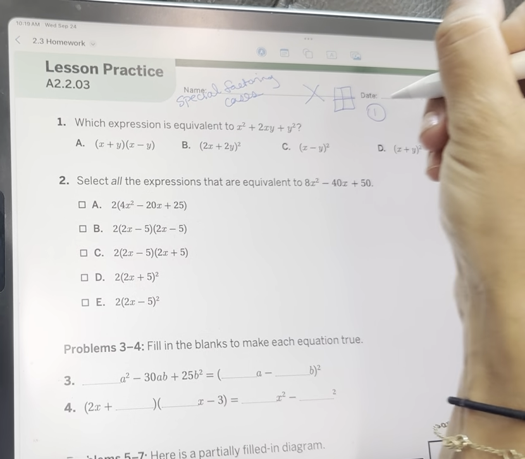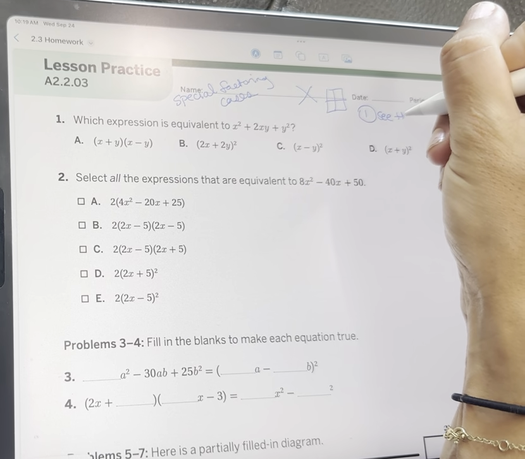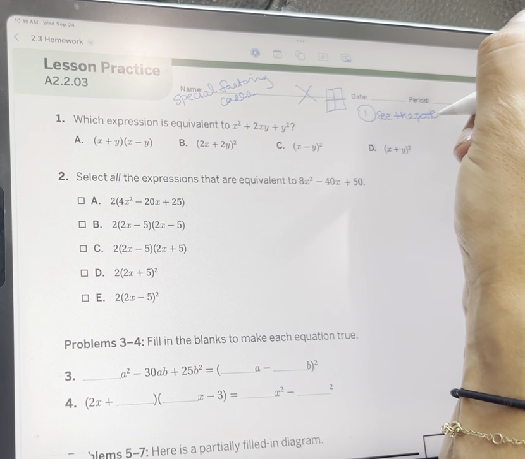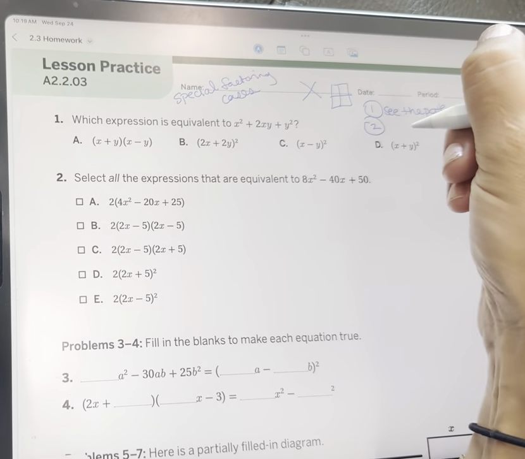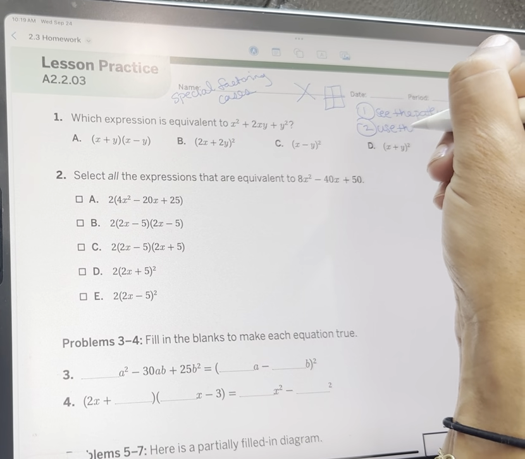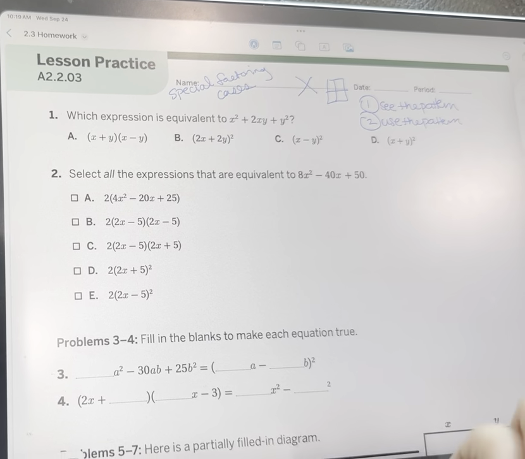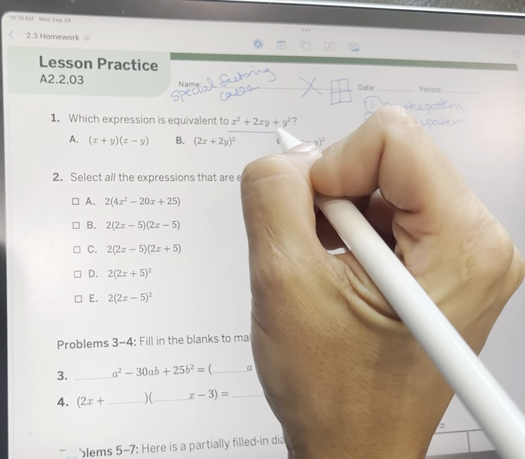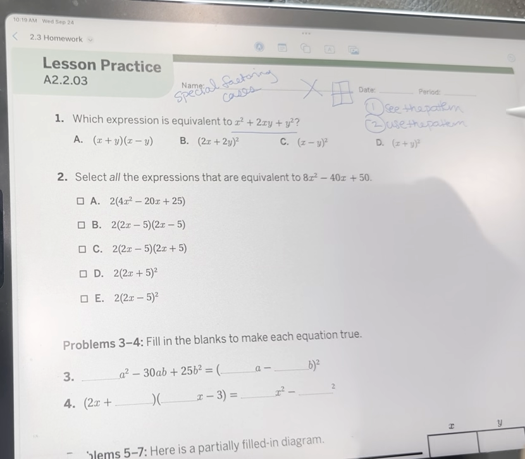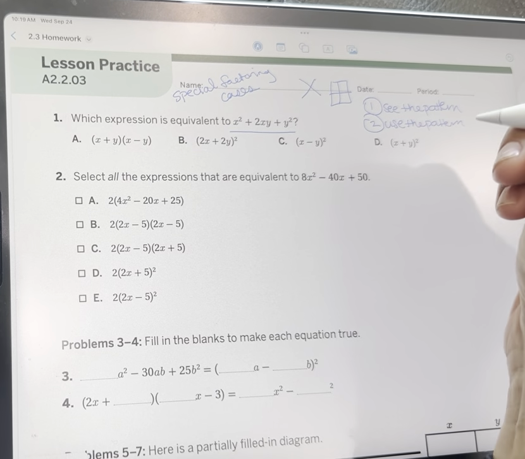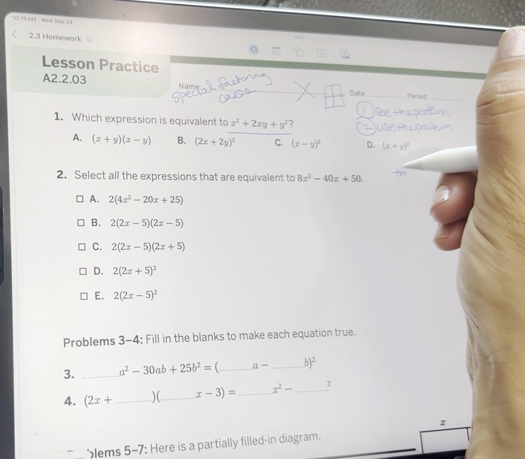Okay, so first we're gonna see the pattern, and then we're gonna use the pattern to make it easier and faster. So I see here a trinomial, okay? So in seeing the pattern, the first thing I notice is trinomial.